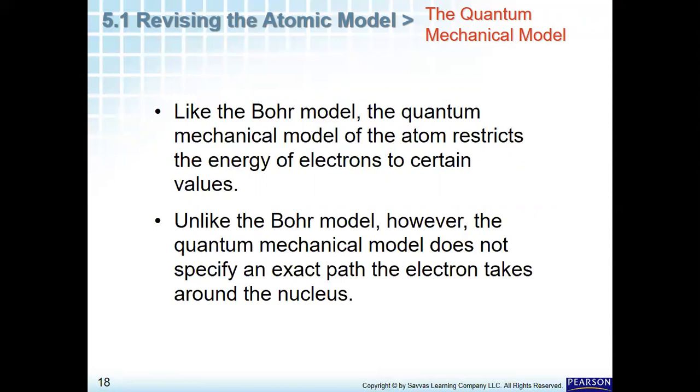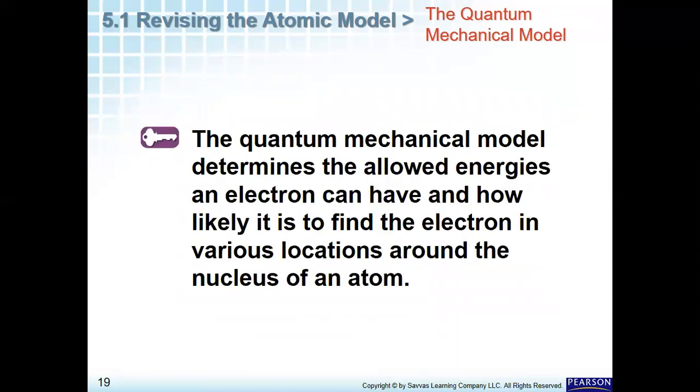So there is no orbit in the quantum mechanical model. Instead there is something called the electron cloud, not a fixed orbit or fixed circle that the electron travels around the nucleus.